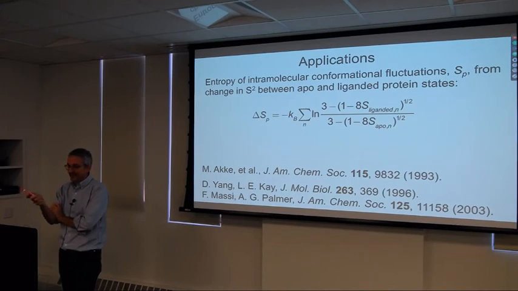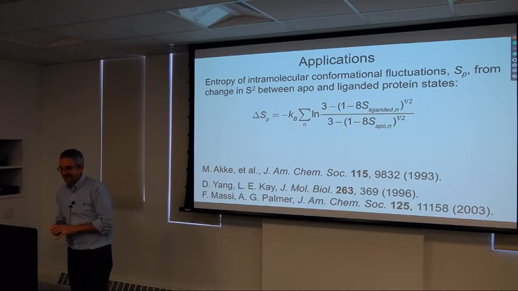If the vector can occupy many orientations, it's more disordered than a vector that can occupy a small number of orientations. So there's a clear sense that something is related to entropy in the order parameters, so that if the order parameters change before and after a ligand binds, that should tell you something about the entropy associated with the binding process.